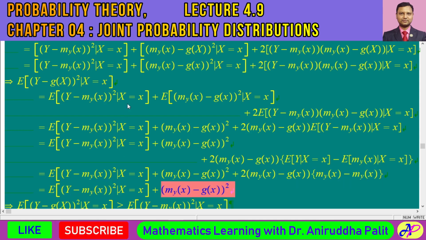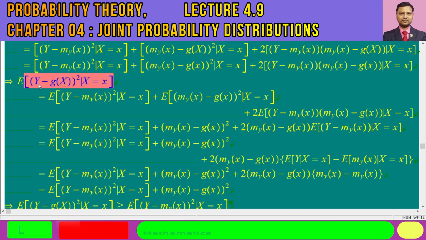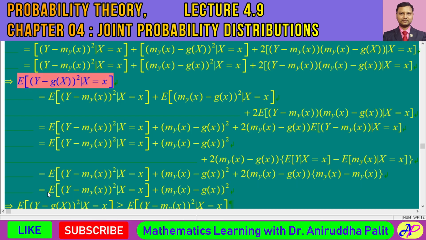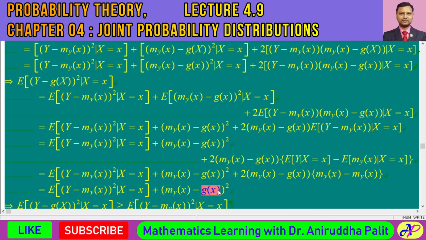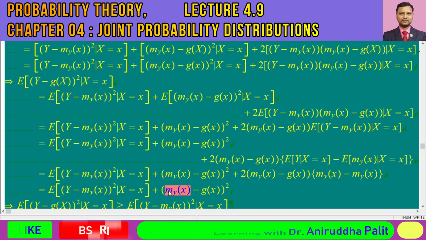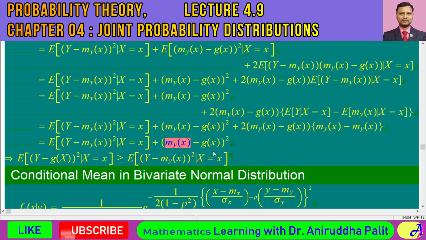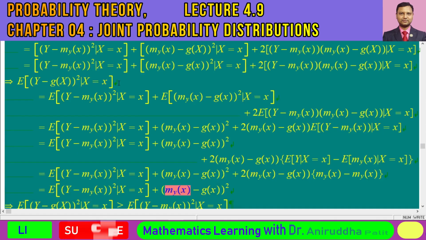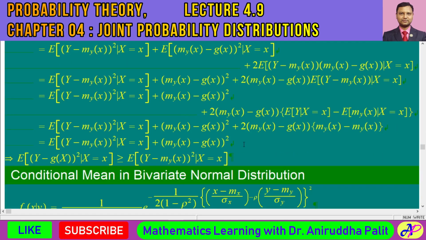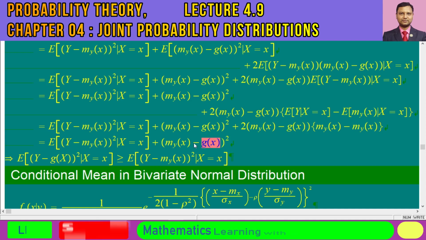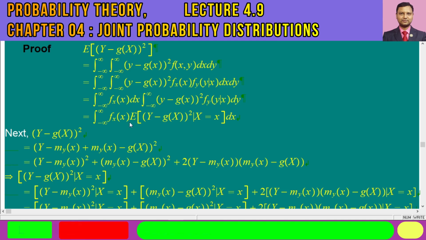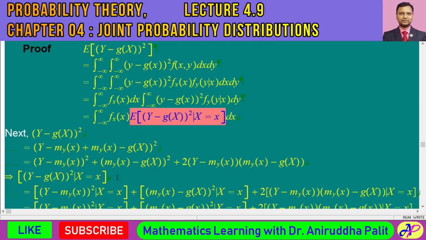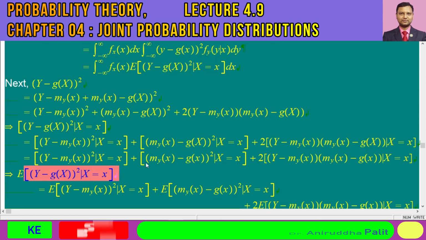From this result, it is clear that this entire right hand side would be minimum when g(x) becomes equal to m_y(x). Therefore, we can say that this type of expectation is minimum whenever g(x) becomes equal to m_y(x). In other words, this expectation is exactly the same as this expectation.